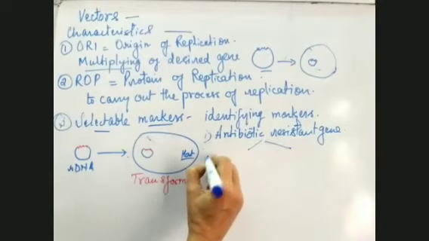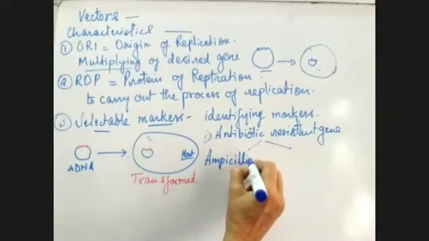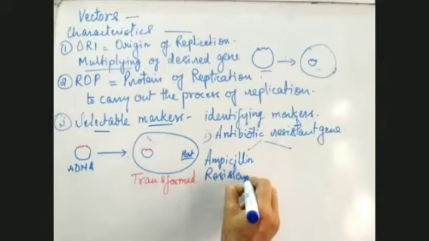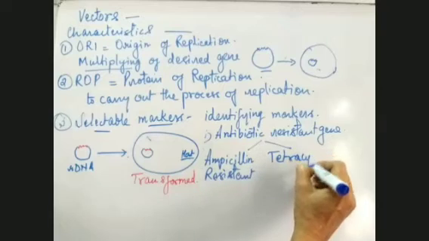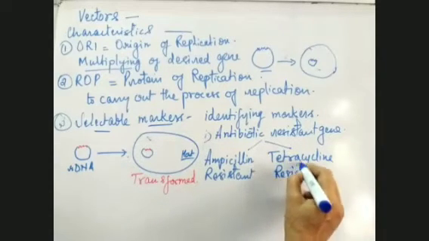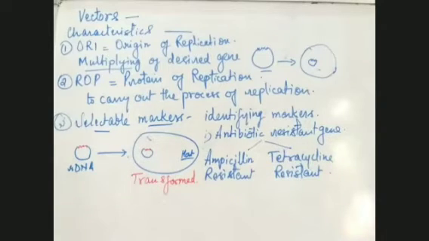We use the ampicillin resistant marker or the tetracycline resistant marker or gene. What do we mean by ampicillin resistant? It means it is resistant to the antibiotic ampicillin.